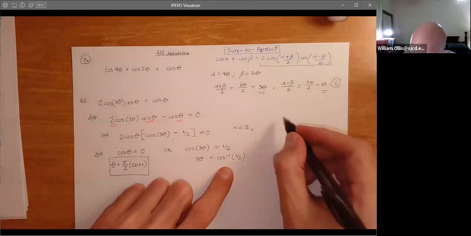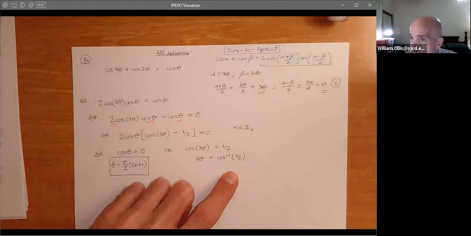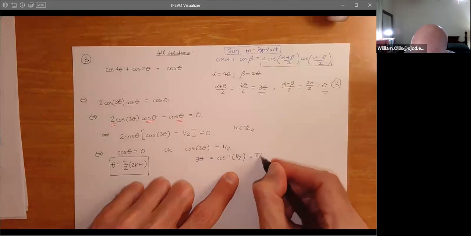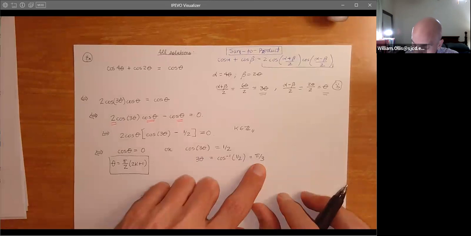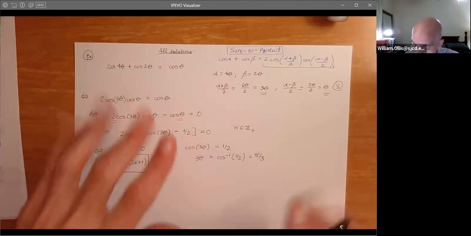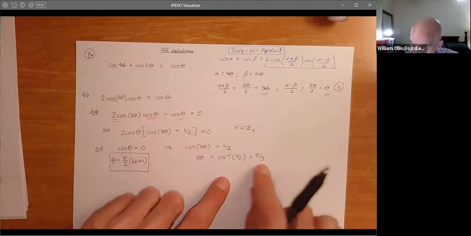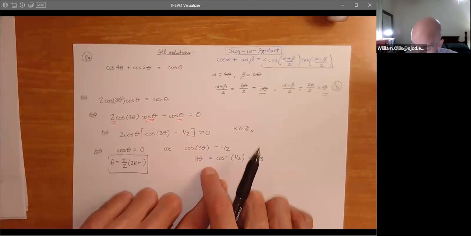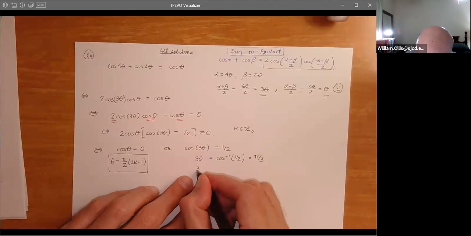Now, of course, we know that the inverse cosine lives between 0 and pi. So this equals pi over 3. And we know that's in the first quadrant. Now before we can go ahead and extend like we did before. Remember, we take this and we extend multiples 2 pi k and then divide by 3. So now we have 3 theta.